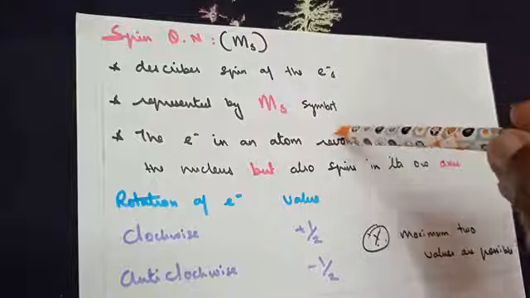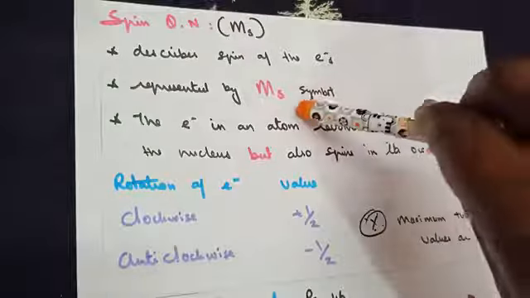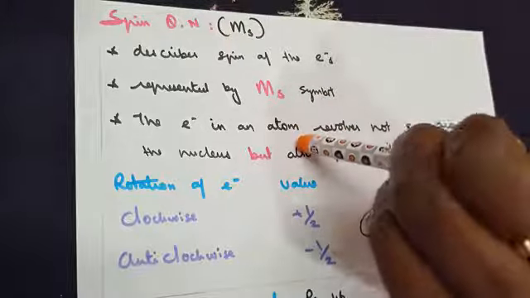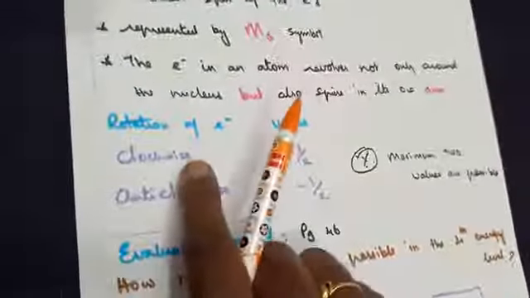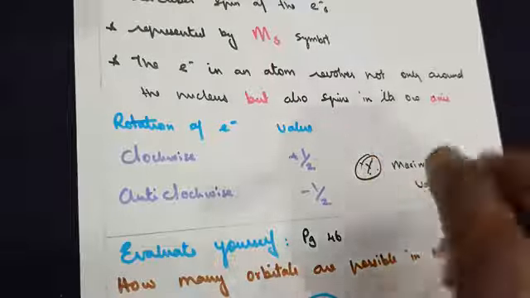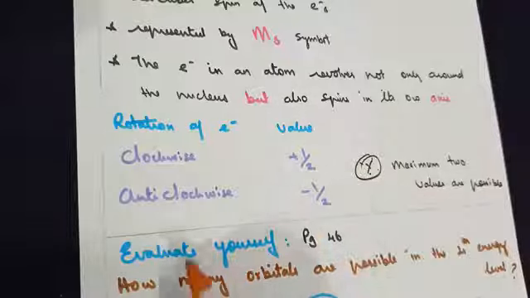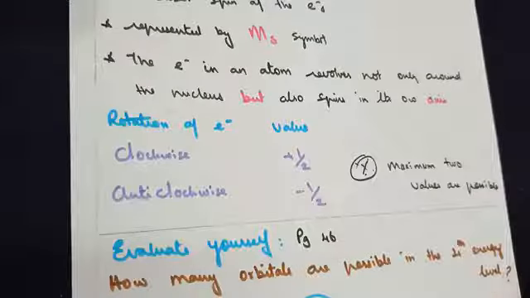Apart from it, the electron also spins along its own axis. So it can spin in the clockwise direction or the anti-clockwise direction. If it spins clockwise, its value is plus half. If it spins anti-clockwise, its value is minus half. So a maximum of 2 values are possible in the case of spin here.